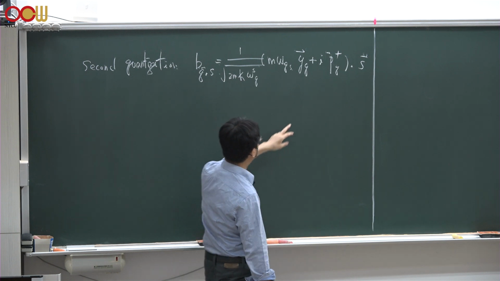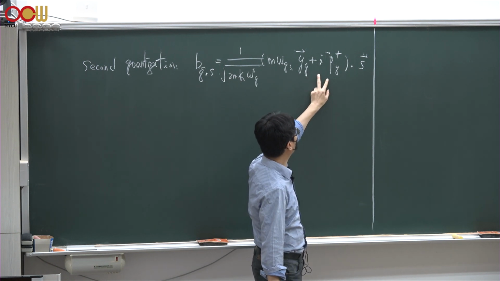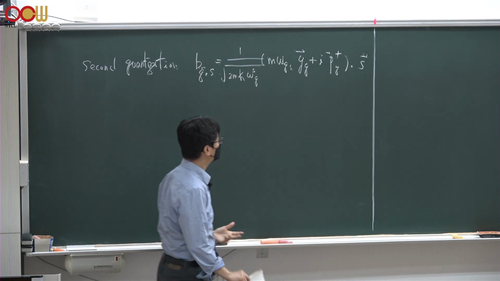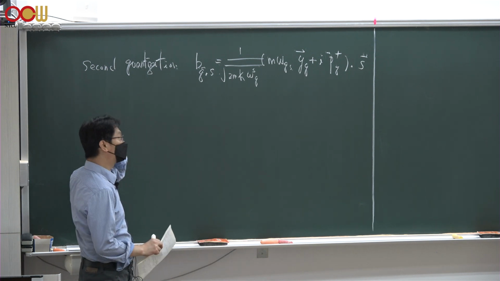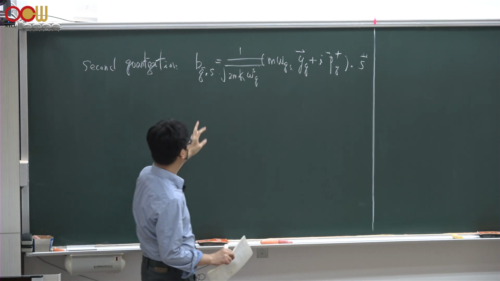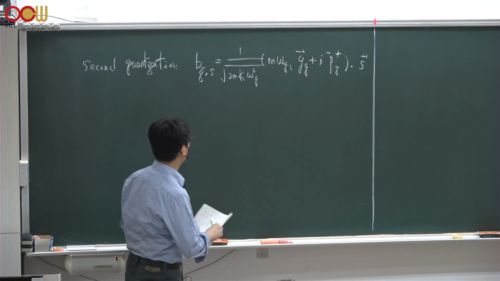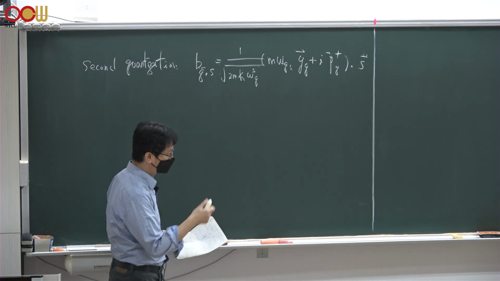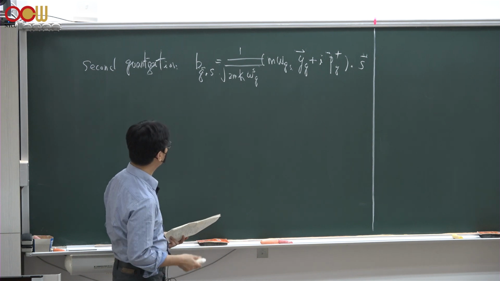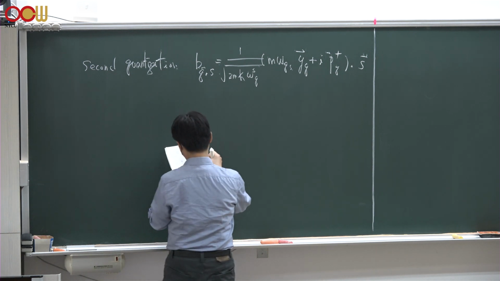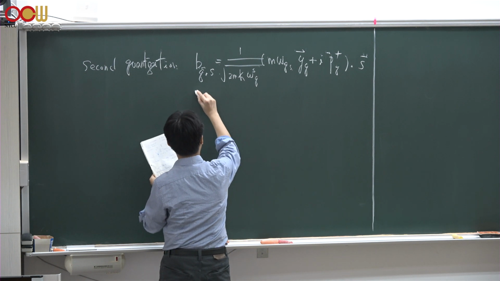And remember that both y and p_q are vectors, also quantum mechanical operators, but they are vectors. And we should dot them into this s vector here to actually get the three different components of this polarization vector. So the b dagger.